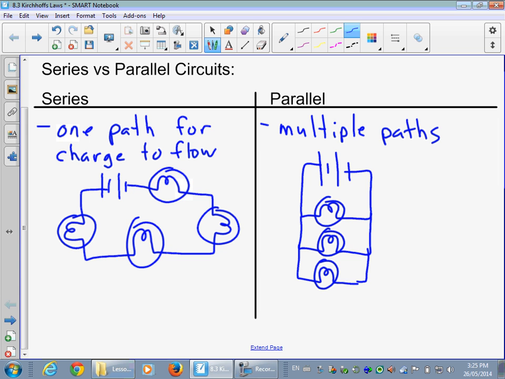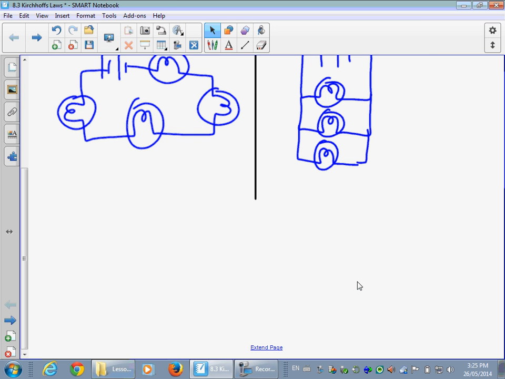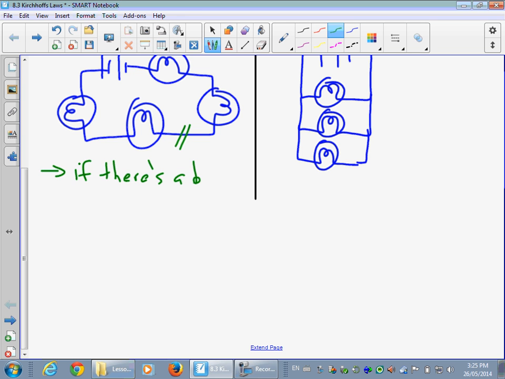So some of the differences between a series and parallel circuit. If there is a break somewhere in the circuit, we'll say right there, there's a little break, you will have no current flowing whatsoever.